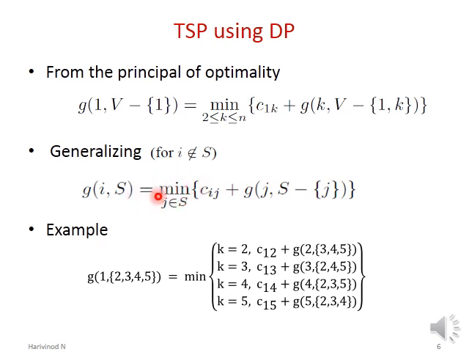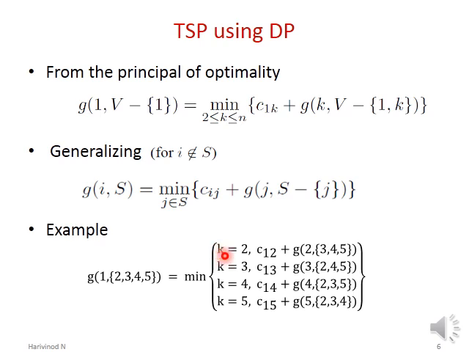Let us take an example of how this particular expression works. Suppose I is equal to 1 and S is equal to the vertices 2, 3, 4, 5. Then this expression is written as a minimum of, for different values of j, so instead of k it is written here.